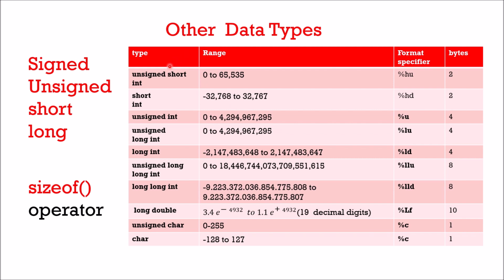These are the remaining data types and their format specifiers, the number of bytes that they use for storing their data, and here is the range of each of them. So let's start with the unsigned short int.